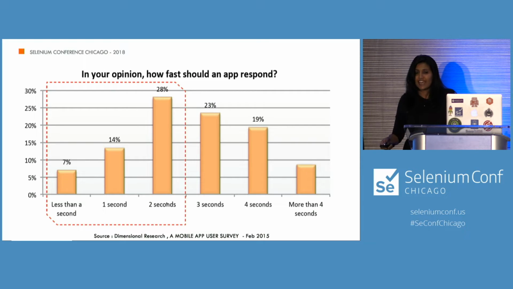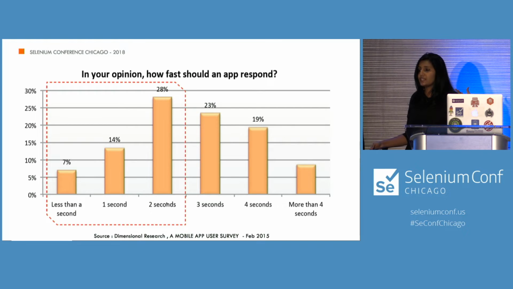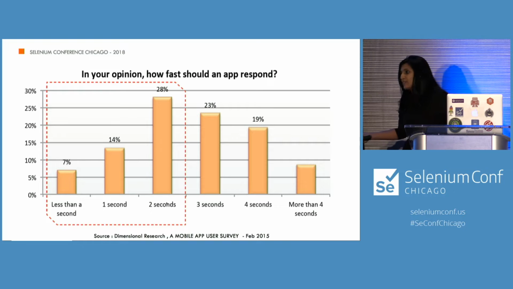And there's about half of that percentage, a significant amount, who said they want the application to respond in a second or even less. So this is the expectation in 2015. We are hitting 2019 now, and the expectation has definitely grown, right?